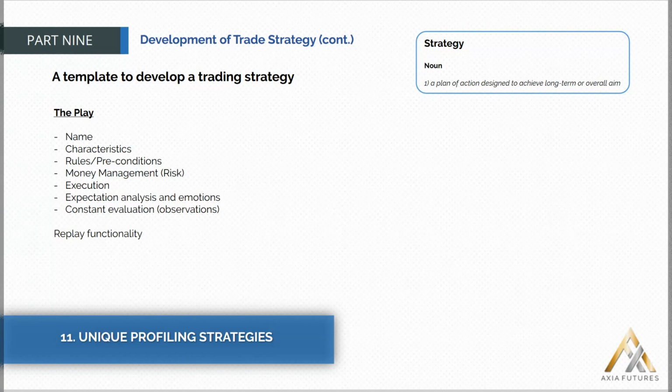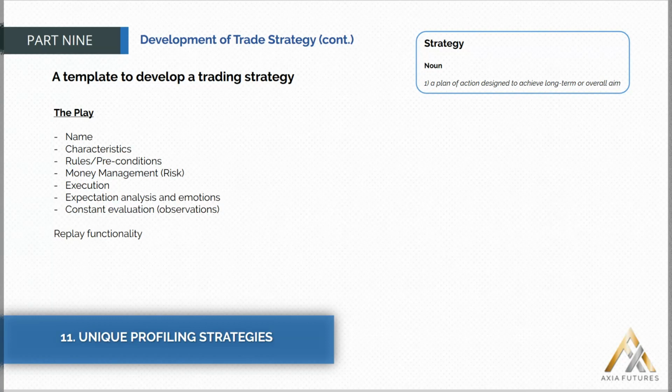Money management. Where's your risk? How are you going to enter and exit? Execution. Where's the stop? Where's the entry? Passive, limit order. How are you getting involved in the market and where you're going to take profit? Then your expectation analysis and emotional analysis. And lastly, the constant evaluation and observations around the trade setup.